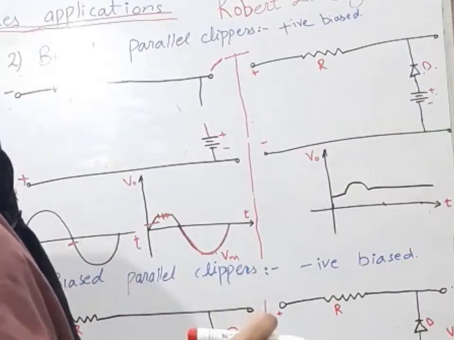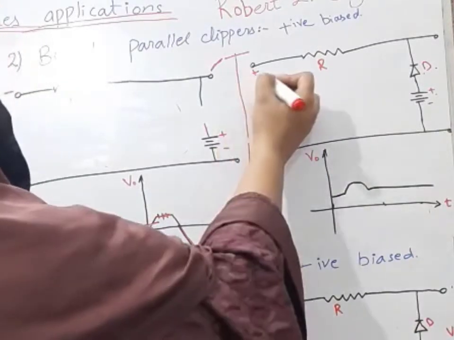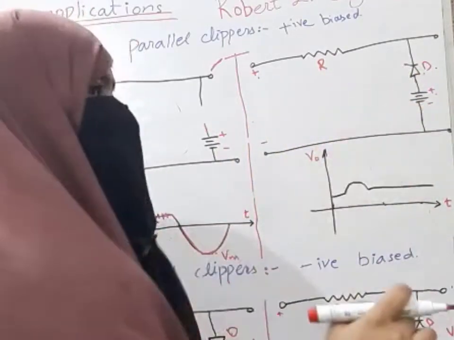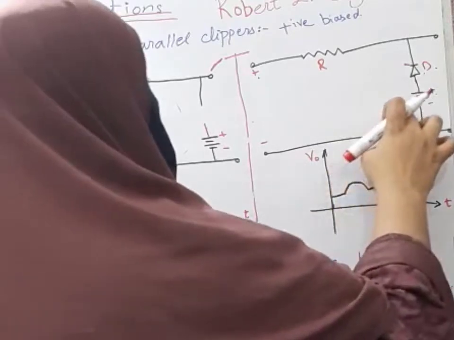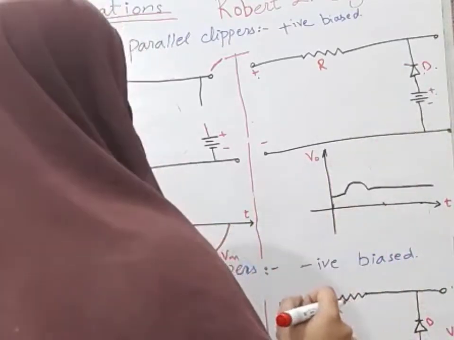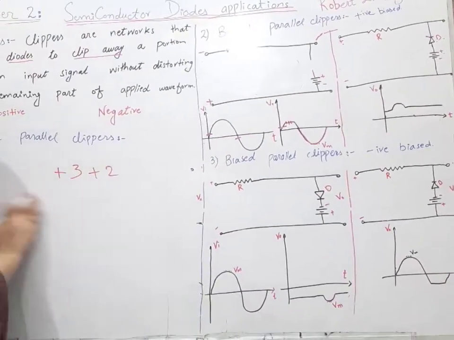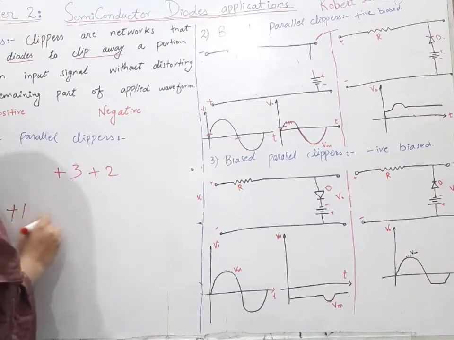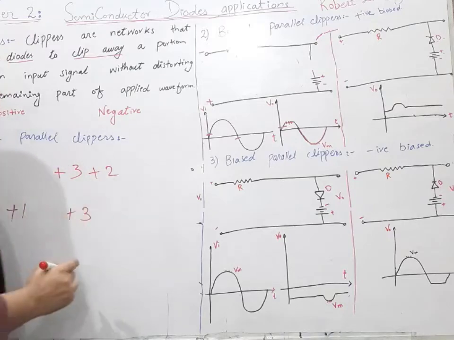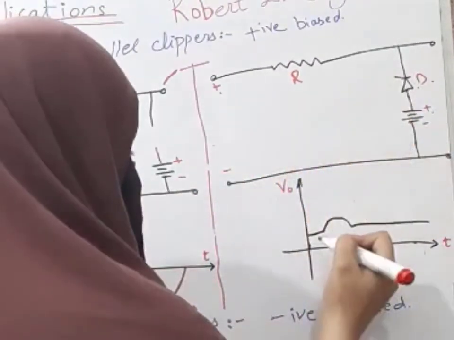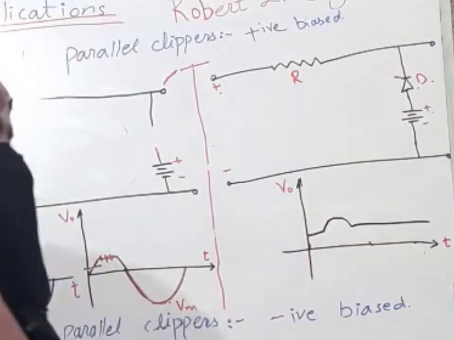So it is trying to make it reverse biased and it is trying to make it forward biased. So our battery is winning. Our potential is plus 1 and the battery potential is plus 3. The battery is winning, so we will get the potential of the battery at plus 1.